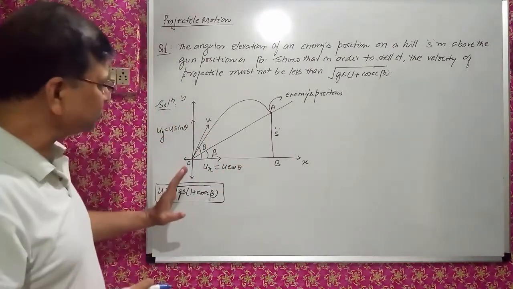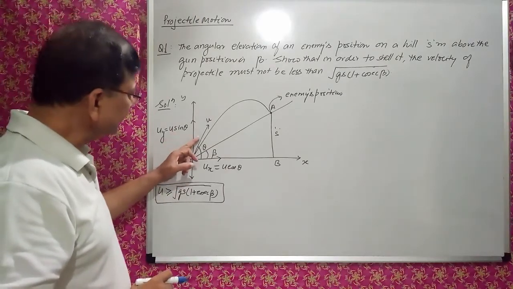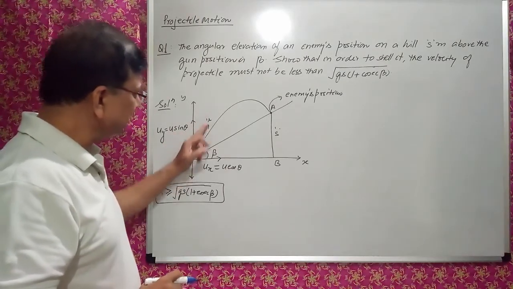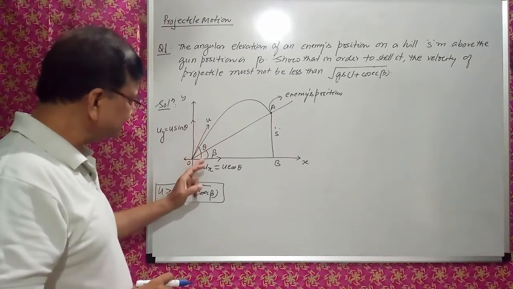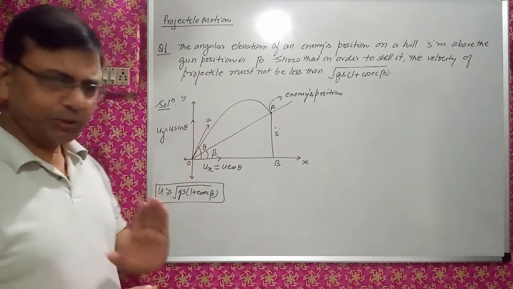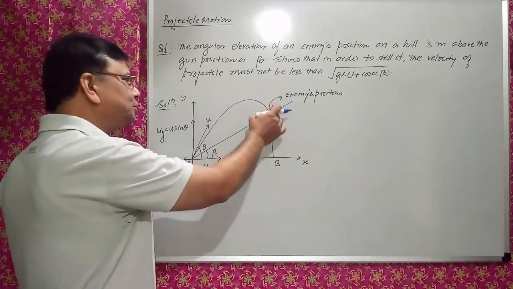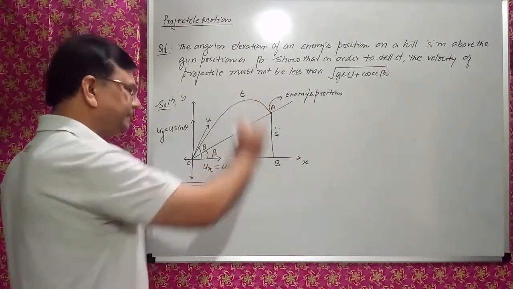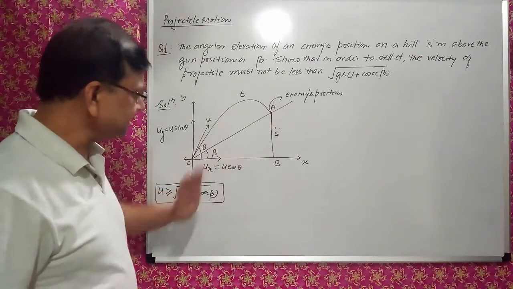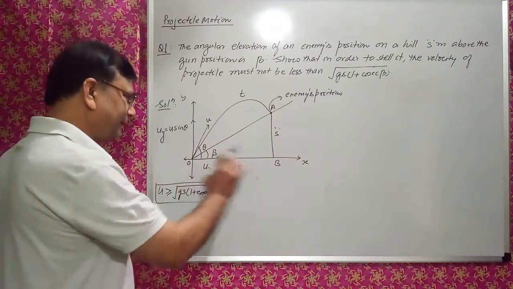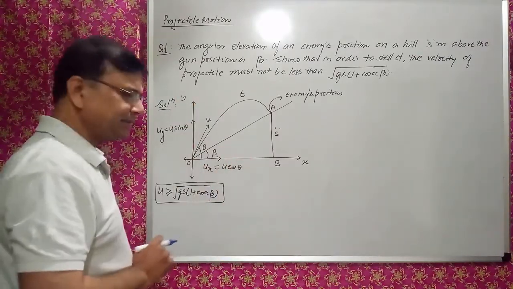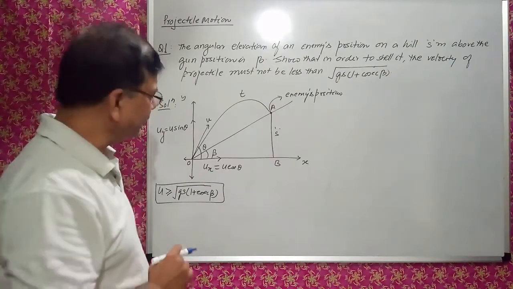I have assumed that this is the initial velocity and this is the angle of projection. So let the time taken to come over here be t. Initial velocity is this along x-axis. This is the initial velocity of the projectile along y-axis.